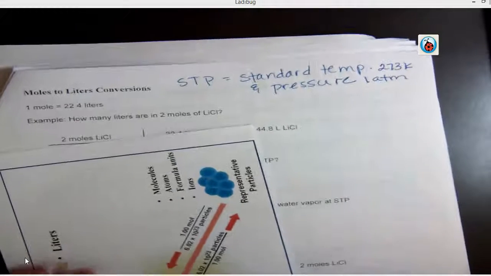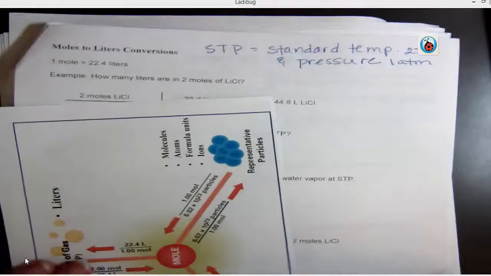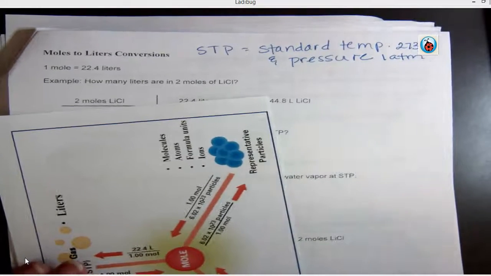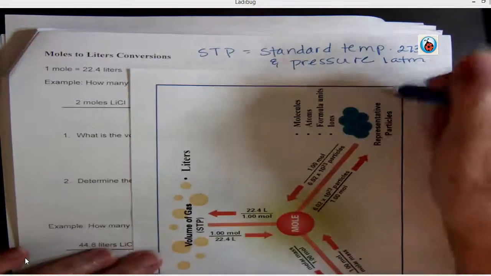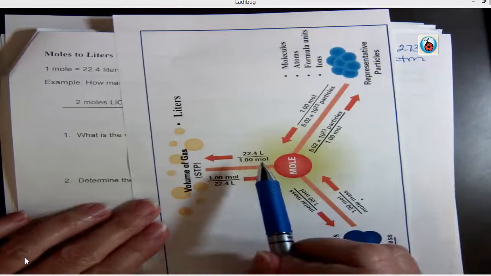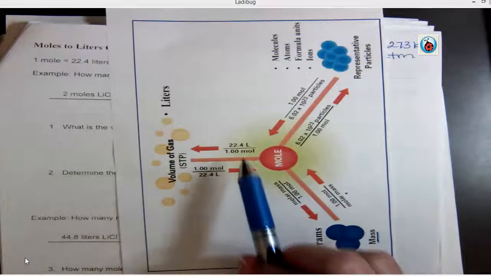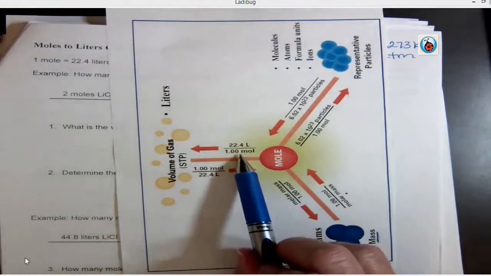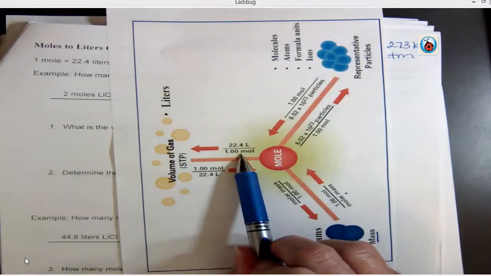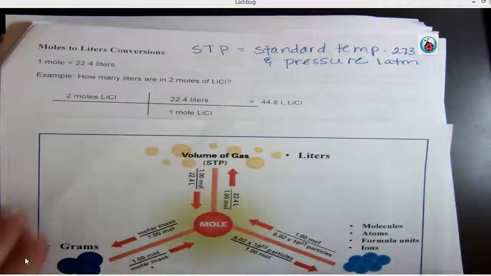We're going to talk about these later on in the 5th, 6th weeks. But just know, if we don't have standard temperature and pressure, this is no longer true. For our purposes right here, 22.4 liters equals 1 mole of that substance. So that's what we're going to use to make those conversions.